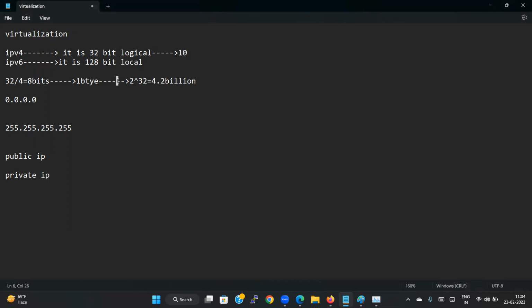So 4.2 billion IPs means we can generate up to 420 crores of IPs all around the world. To the entire world, we can provide 420 crores of IPs only. But the world population is 800 crores, which is double the number of IPs.